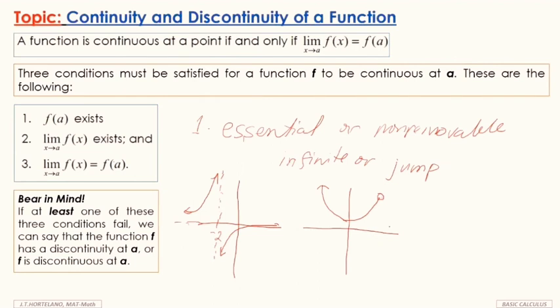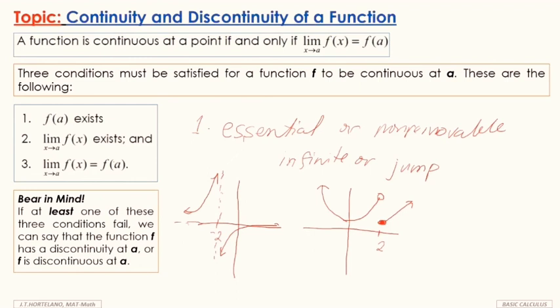So the other graph is, let's say you have a shaded circle here, then papunta doon. Let's say linear function yan. So let's say our number is positive 2 in this case.